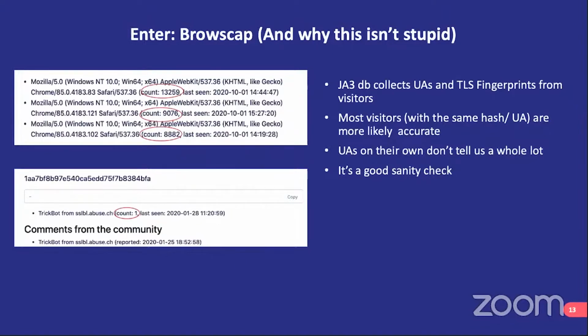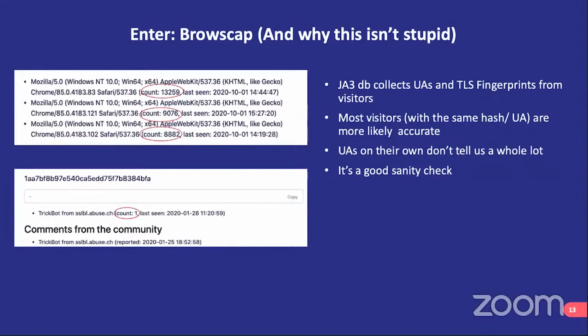If you have a high count of hash to UA, then you can assume that's more likely accurate, unless somebody's stuffing the database, which is totally possible. But that's more likely accurate than seeing it just one time, because that means people are clicking it with their browsers and constantly getting tracked that way.